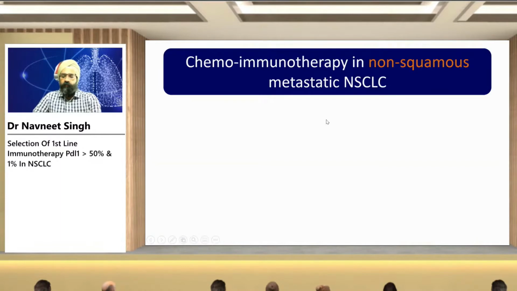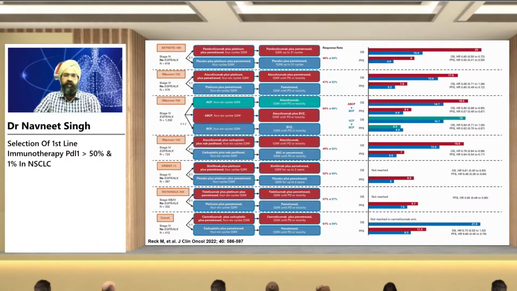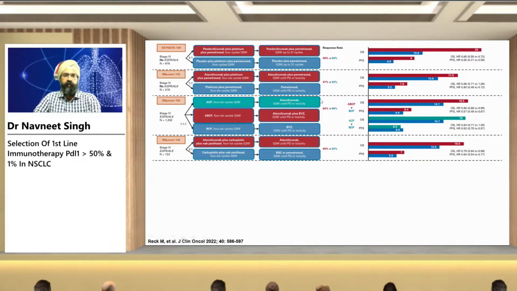Now, if you look at the combination of chemoimmunotherapy in non-squamous metastatic NSCLC, again, this is taken from that same review in JCO. You can see that there are multiple combinations which are possible. Limiting ourselves to the drugs which are available here, and that basically is either pembrolizumab or atezolizumab, you can see that Keynote 189 and Empower 150 and even Empower 130 led to statistically significant improvement in OS.